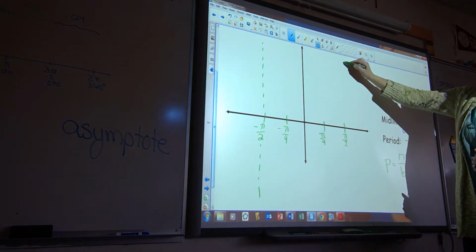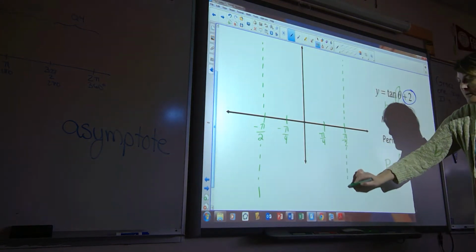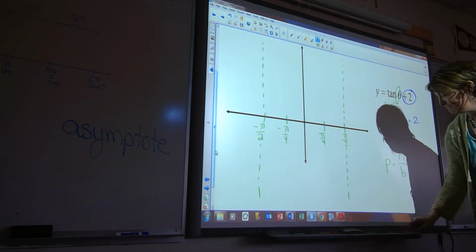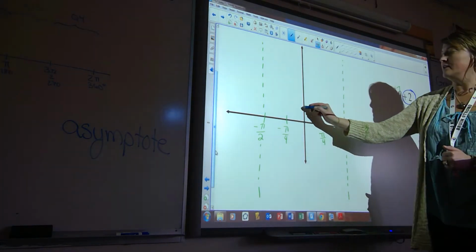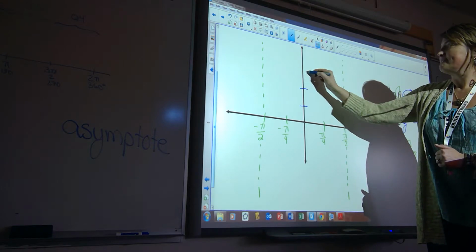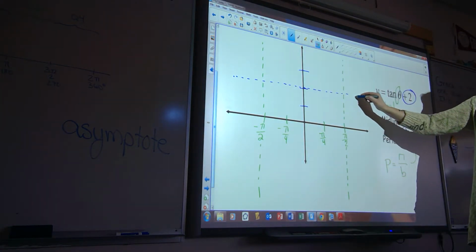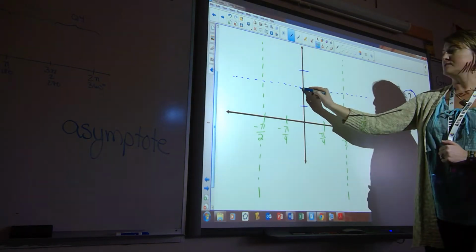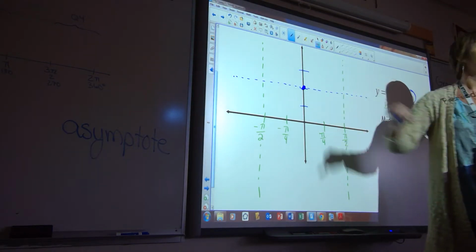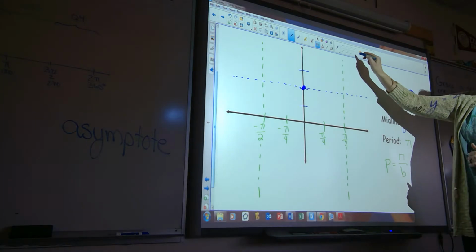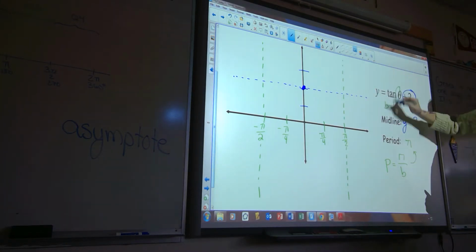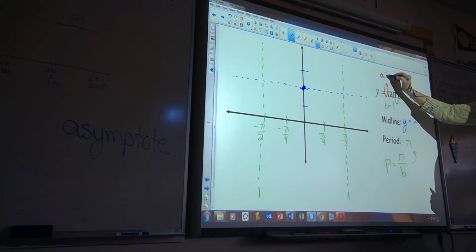Put in that asymptote on either end. Now, our midline is going to be right here. So there's your center point. The amplitude is just a 1.